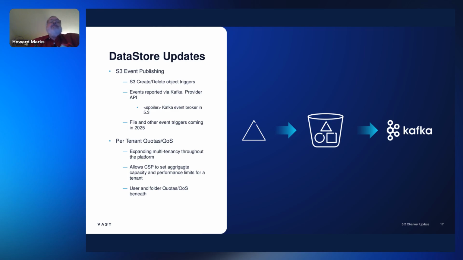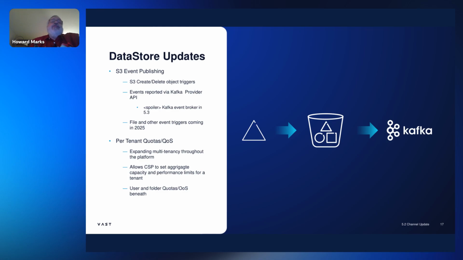When a user creates or deletes an object that will trigger an event, that event will write an entry into a Kafka compatible event broker using the Kafka provider API. Today, customers are going to have to provide their own Kafka event brokers.